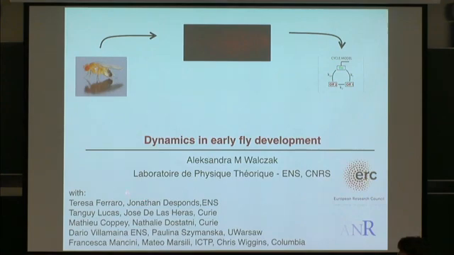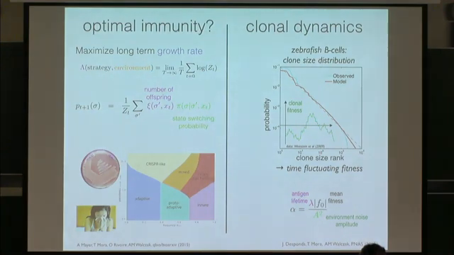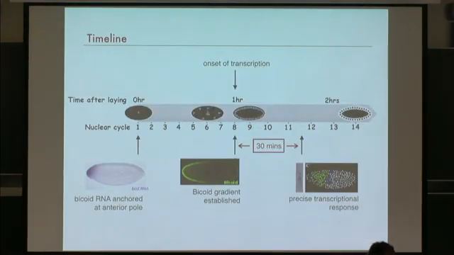And most of what I'll talk about was done by Teresa Ferraro, Tanguy Lucas and Jonathan Desponds on the theory side. Okay, and then when I get to the information theory work, it's mainly work done by Francesca Mancini in collaboration with Matteo Marsili and Chris Wiggins, and later we've been joined by Dario Villamaina and Paulina Szymańska. Okay, so back to this thing.